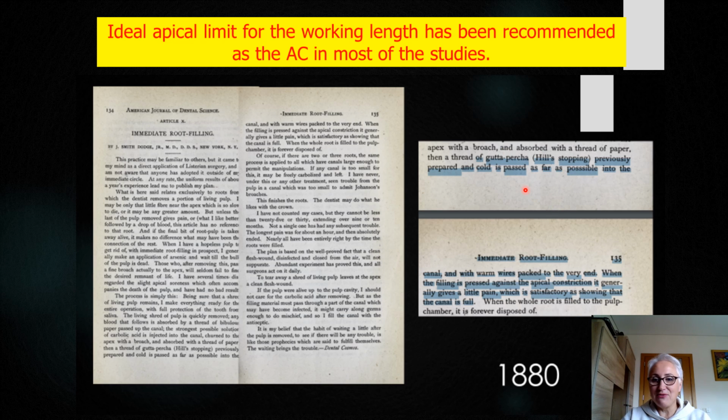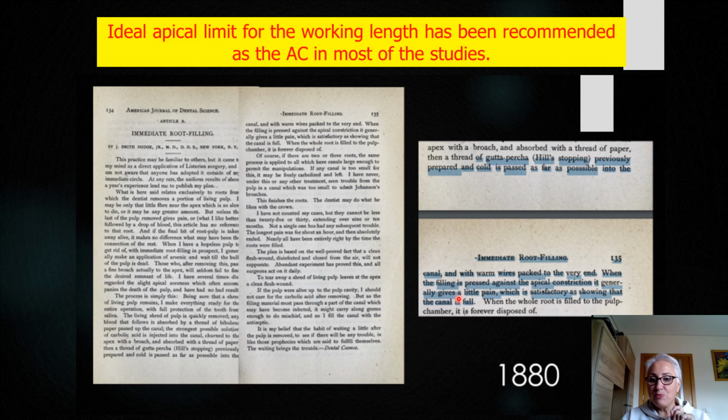Please read carefully here. It's about obturation, but look: gutta percha, previously prepared and cold, is passed as far as possible into the canal and with warm wires packed to the very end. They were doing vertical hot condensation. Can you imagine?